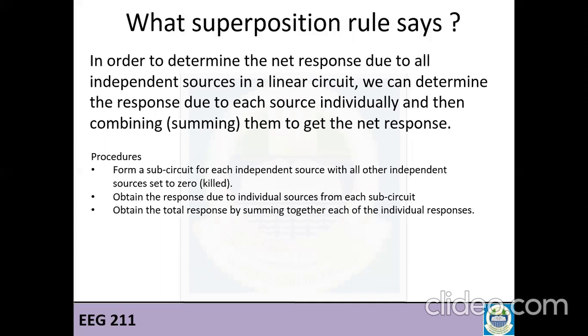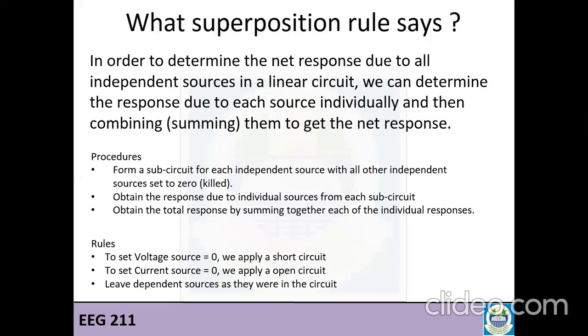This is the procedure. Now, what do we mean by killing an independent source? To kill a voltage source, we do not just simply remove it from the circuit. What we do is we apply a short circuit. We replace that voltage source by a short circuit.